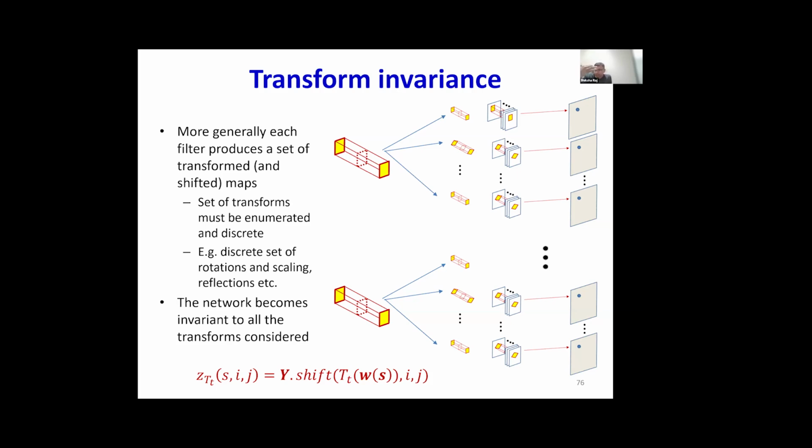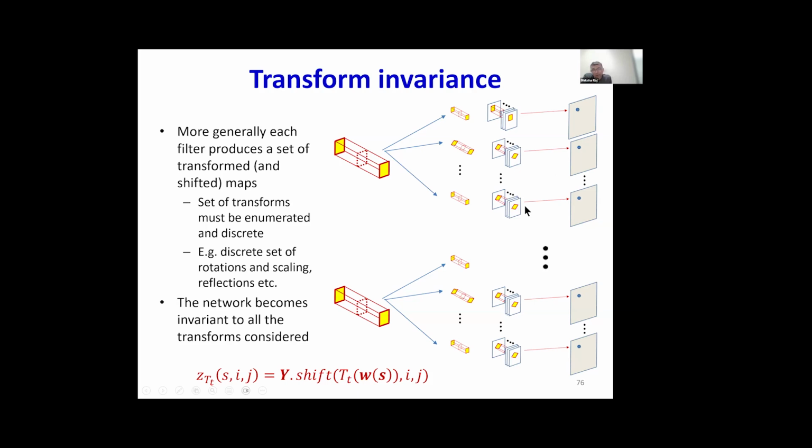If I want to introduce invariance to reflection, one of the transformations is going to be a reflection of the original filter. And so from each filter, I will get all of these transformed filters, one per transform, and I would be scanning using all of the transformed filters.